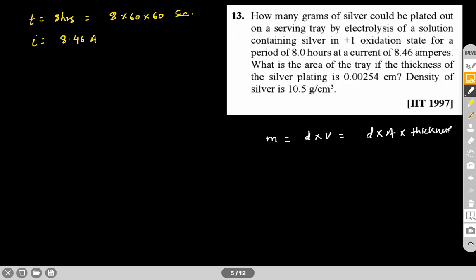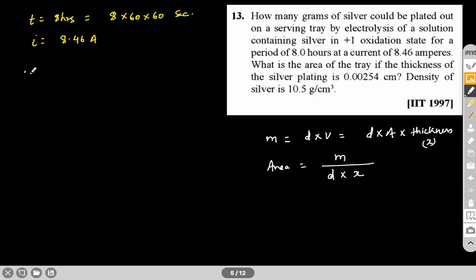Okay, this area we need to find out. So area is equal to mass divided by density into the thickness X. Okay, so density is given, thickness is already given, right? We need to find out mass.